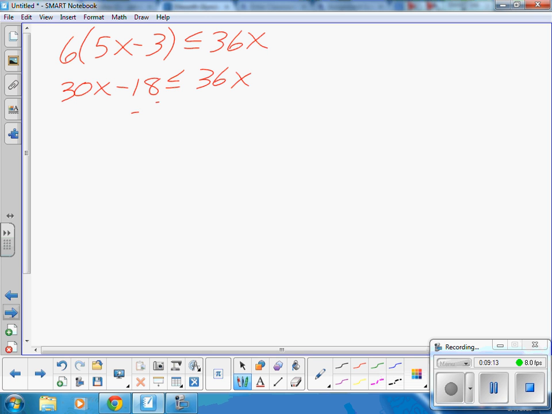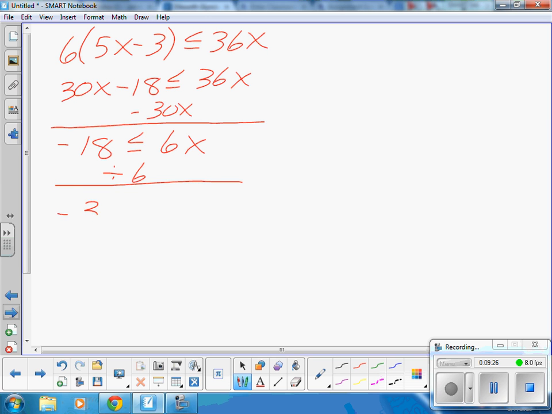I'm going to subtract 30x from both sides. It's a negative 18, less than or equal to 6x. Divide both sides by 6. Negative 3 is less than or equal to x. Rewriting it, so my letters first. x is greater than or equal to negative 3.